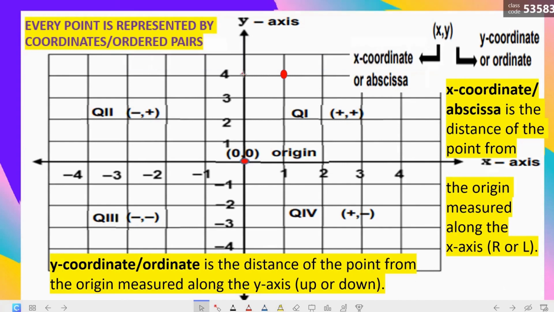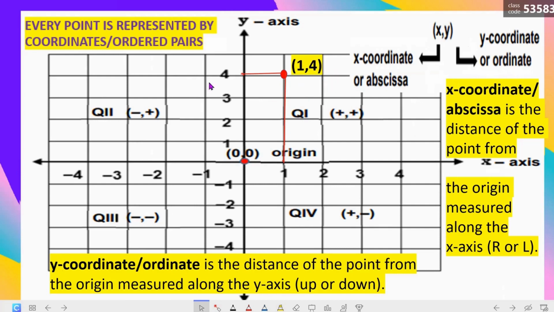It corresponds to y equals 4, and x equals 1. So in writing the ordered pair, you write (1, 4), 1 being the x coordinate or abscissa, 4 being the y coordinate or ordinate.